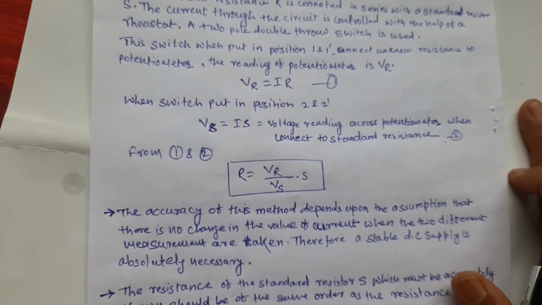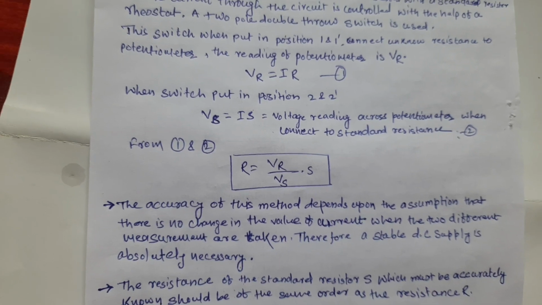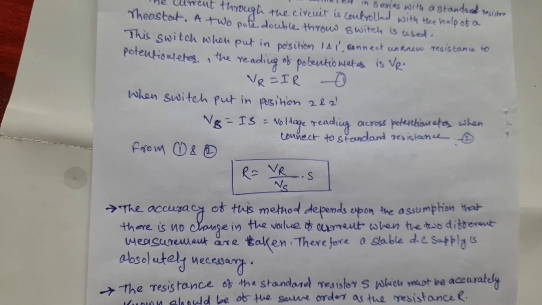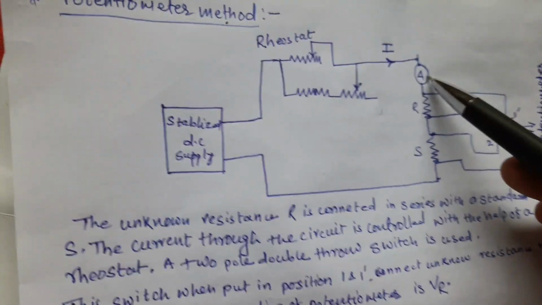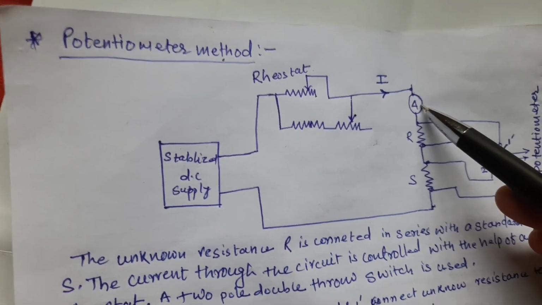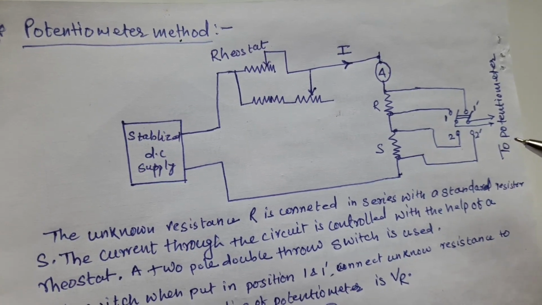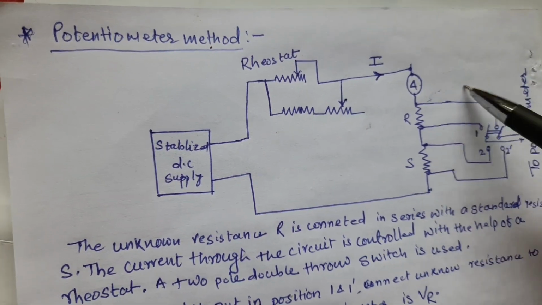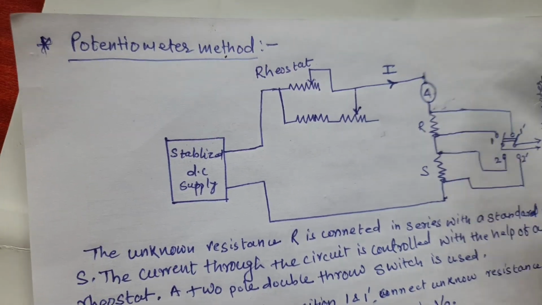The accuracy of these methods depends on the assumption that there is no change in the value of current when two different measurements are taken. Therefore, a stable DC supply is absolutely necessary. The main problem is that when you connect a resistance R, suppose the ammeter measures the current, and if you connect the standard resistance to the potentiometer, in those conditions, if the ammeter readings are not the same, then there is an error in the measurement of low resistance.